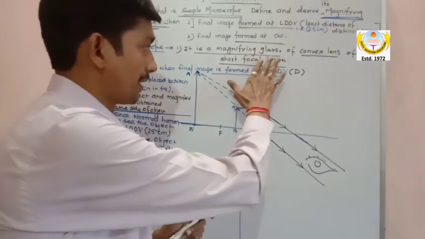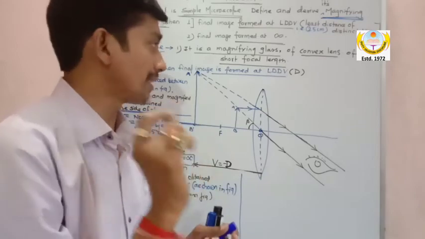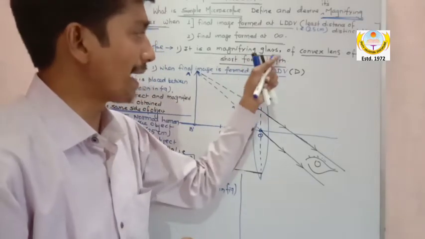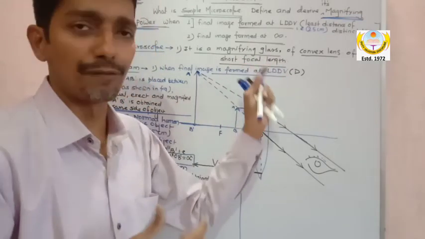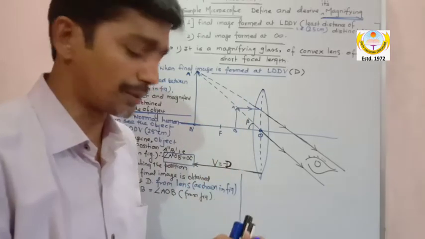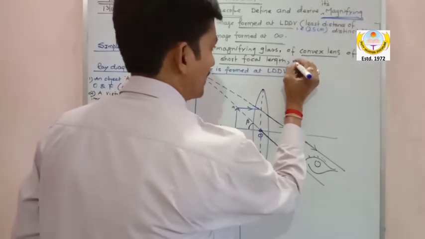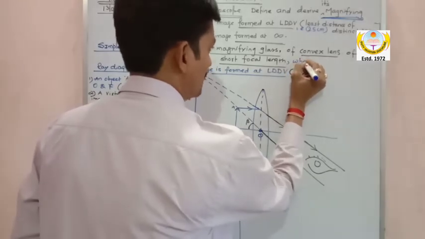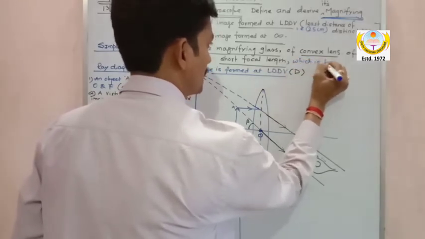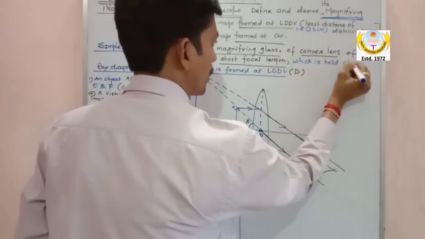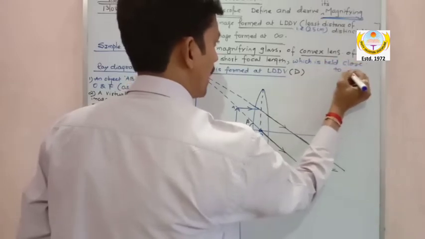This is a magnifying glass, a convex lens of very short focal length, a simple microscope, and it is held close to the eye.